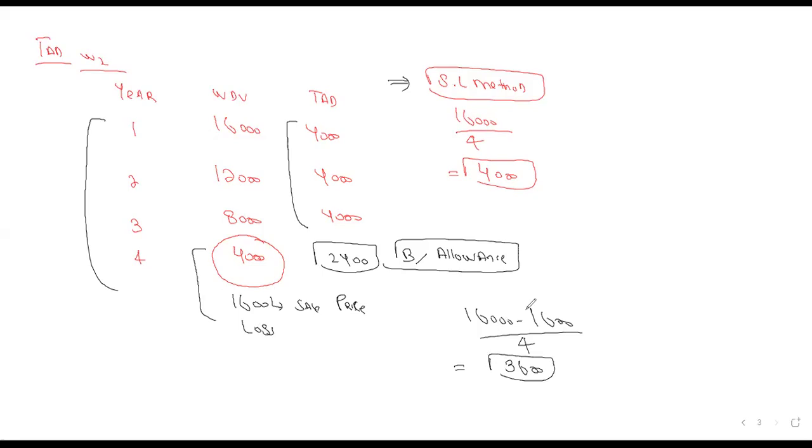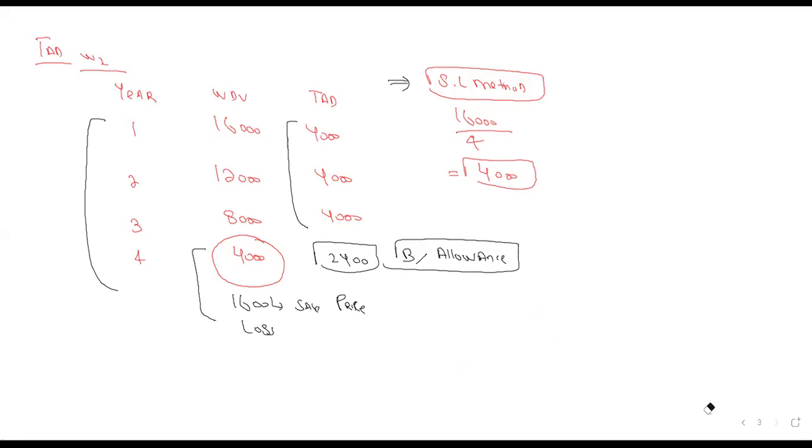In the straight line method we never compute the balancing allowance or charge, because we have already deducted the scrap value from the asset. But if we have to compute that, we do not deduct the scrap value here. We compare the scrap value at the end. Understand?